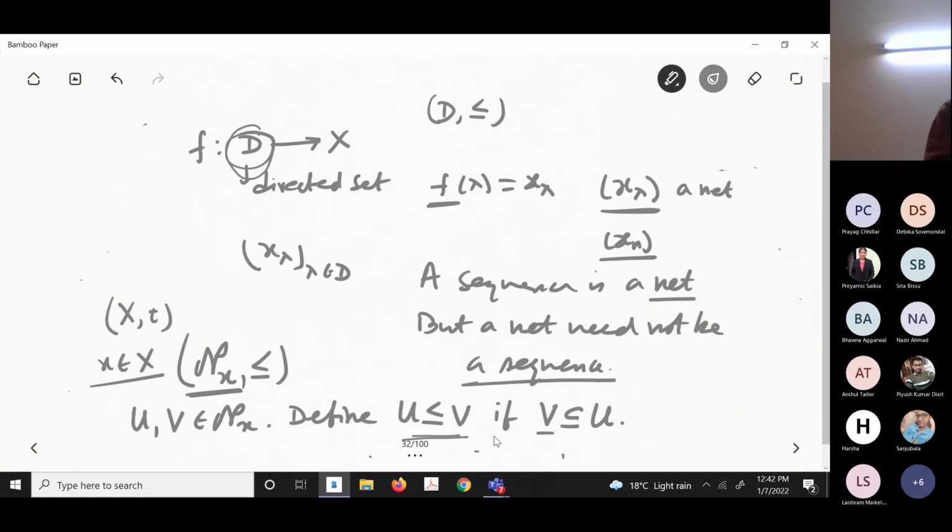Define U less than or equal to V. If this is a notation I am defining, then you can check, it's obvious it is reflexive, it is transitive. And what will be the cofinal? Look, that is very simple. If you have two neighborhoods V1, V2, then V1 intersection V2 is also a neighborhood of x, and that will be less than or equal to both.